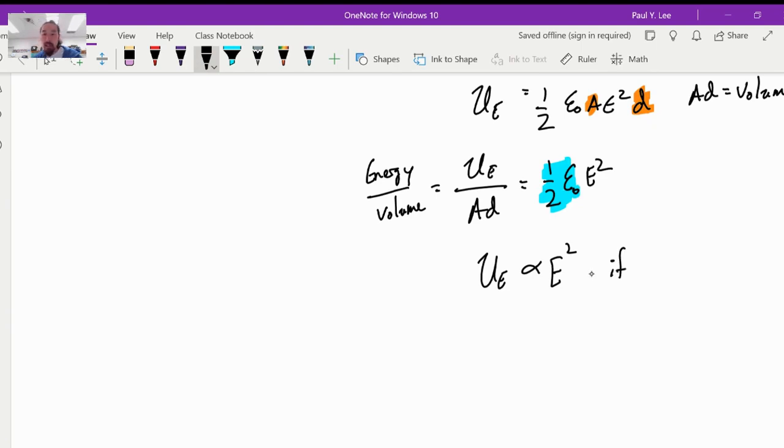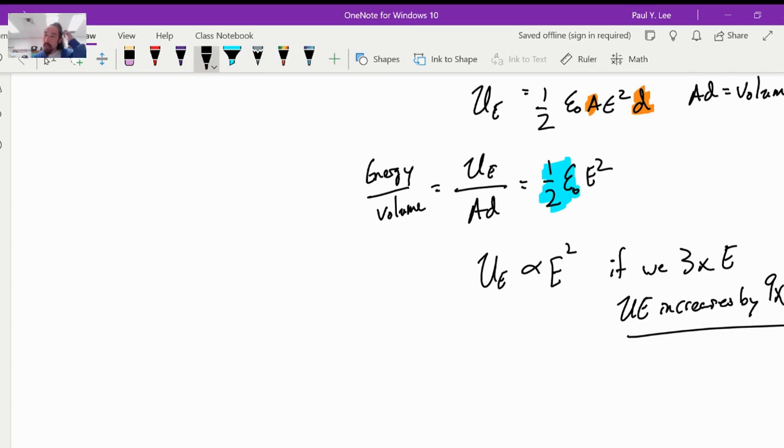So let's say if we triple the strength of the E field, that means the amount of energy increases by 9 times. Okay, it's not a directly proportional relationship, rather a square relationship.